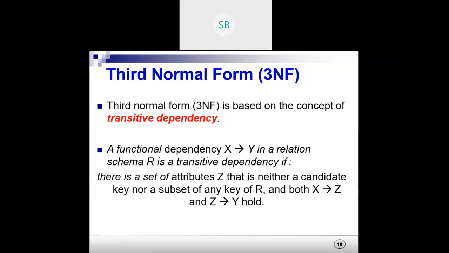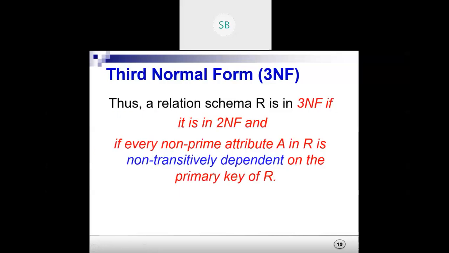A functional dependency X determines Y in a relation schema R is a transitive dependency if there is a set of attributes Z that is neither a candidate key nor a subset of any key of R, and both X determines Z and Z determines Y hold. I know it's not clear from the definitions, so I'll explain it.